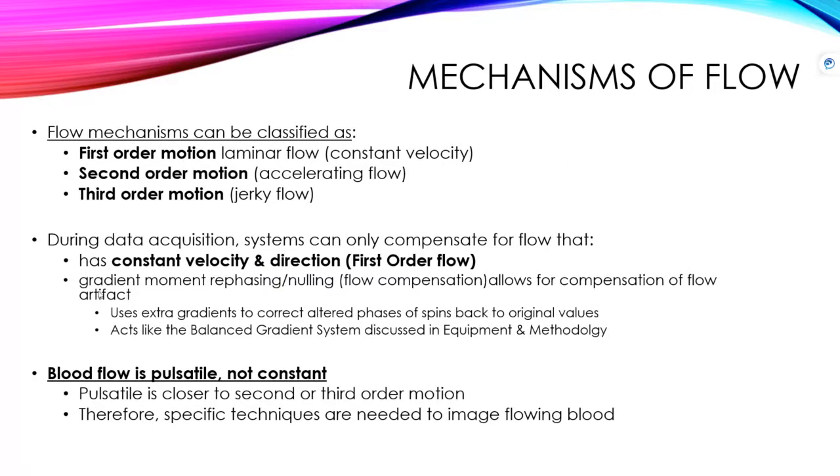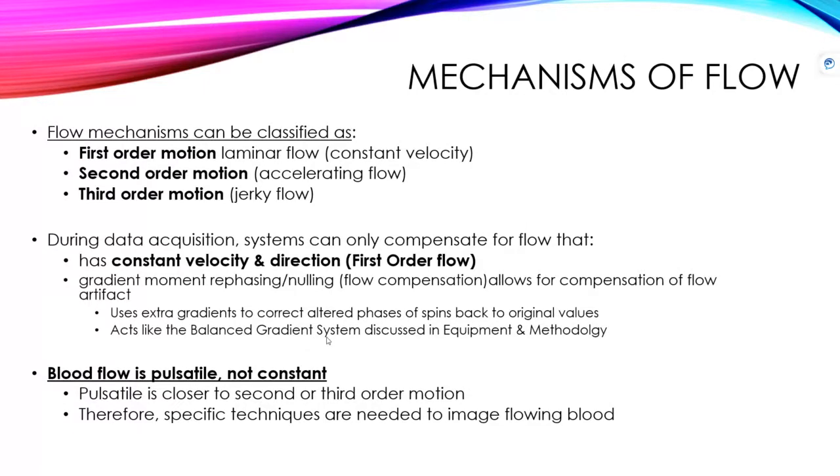And we typically make up for that with gradient moment rephasing, or we also call it gradient moment nulling. And this is a type of compensation technique that we use to allow us to compensate for the flow and correct the phases and bring everything back to in phase. We'll talk about this in just a little bit, but I just wanted to throw this in here.